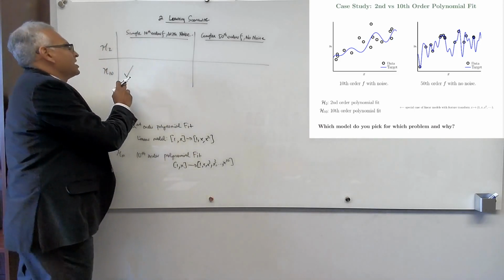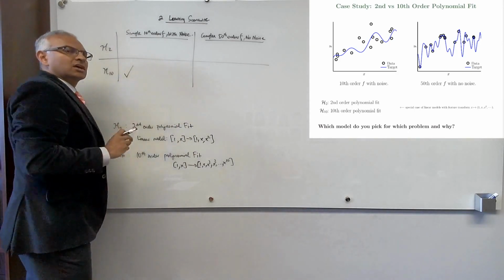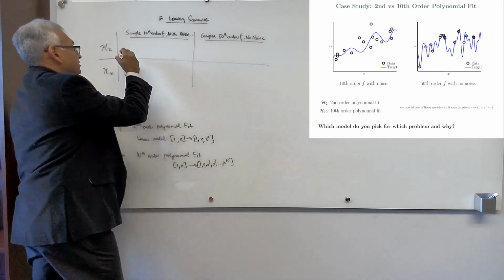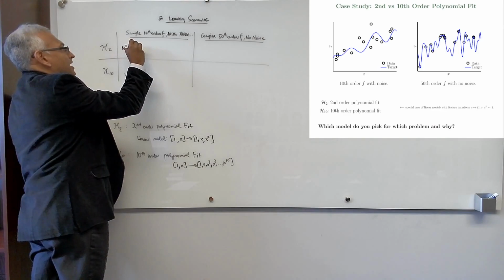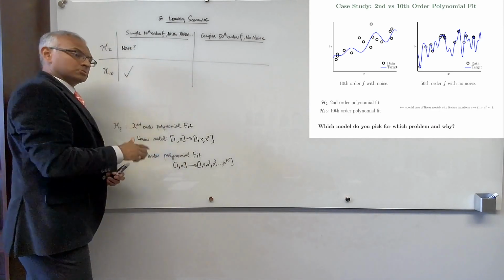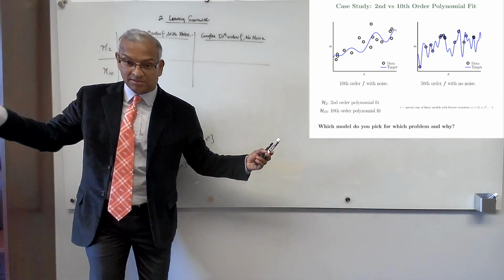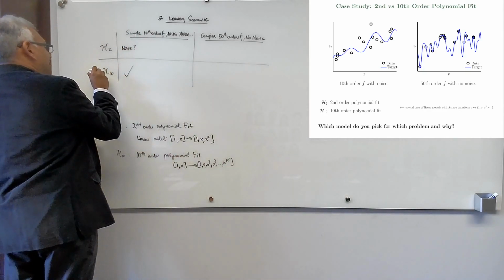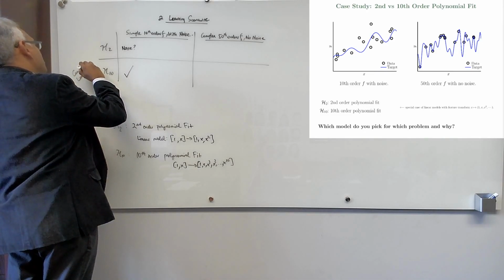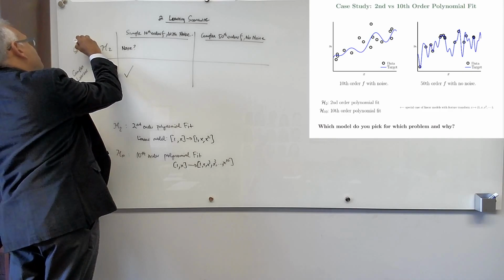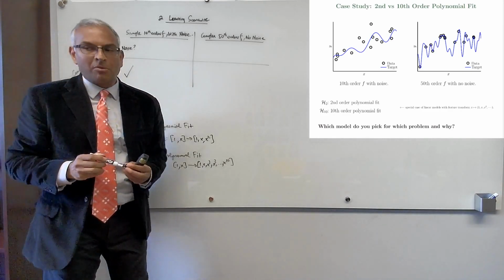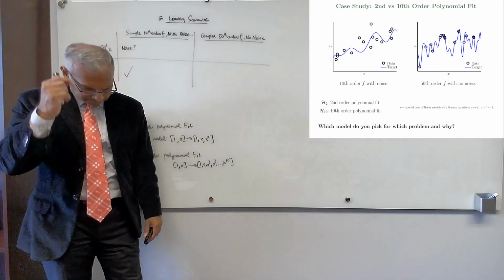So the only thing that might perhaps make us go for the second order polynomial fit is that there's a little bit of noise in the data. So noise might tell us that we might want to not go for the 10th order complex model. You can think of this as the complex learner, and this is the simple learner.